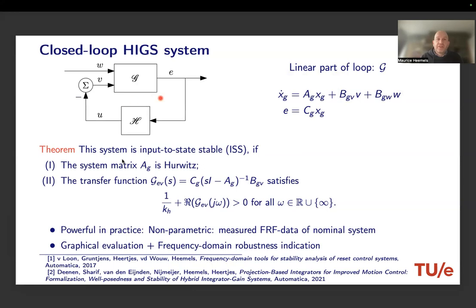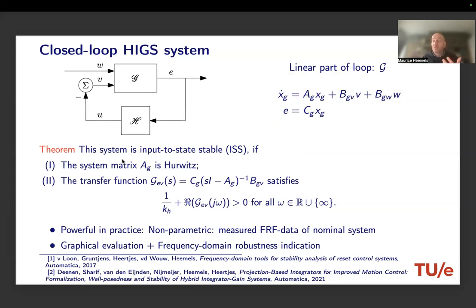Of course, underneath this linear plant there is a certain linear state space model, given like this, and this is interconnected with the HIGS over here. What we can prove is that this system is input to state stable with respect to the remaining input W, references, disturbances, etc., if the linear part of the system is asymptotically stable.